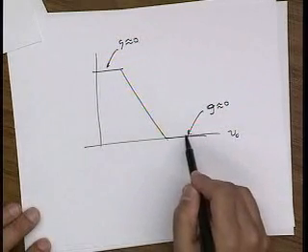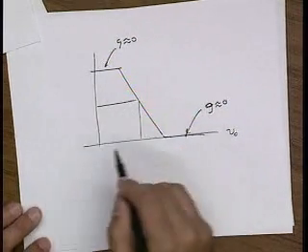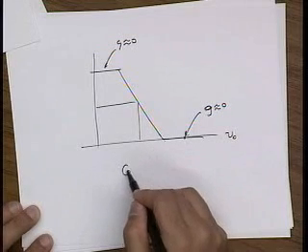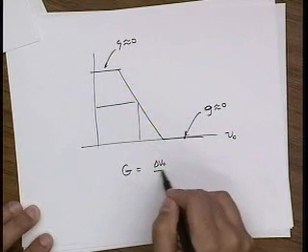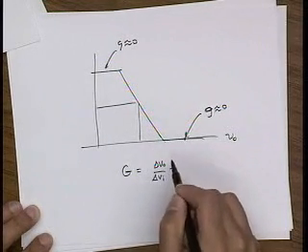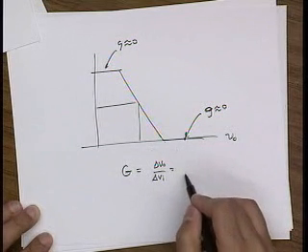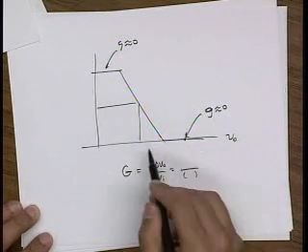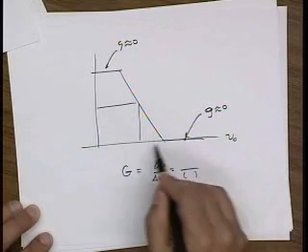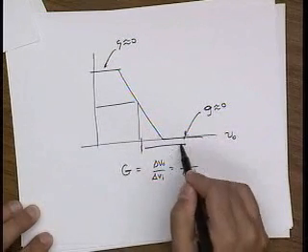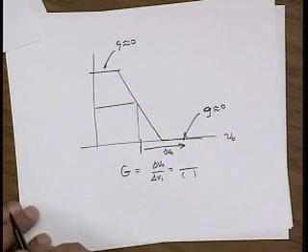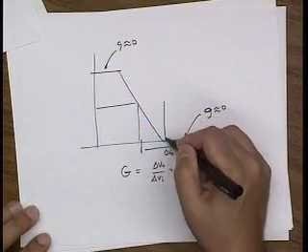The reason I still have gain is that the large signal gain is delta VO over delta V in. So delta V in is some positive number, right? And delta VO is still, actually, sorry, this is delta VO.